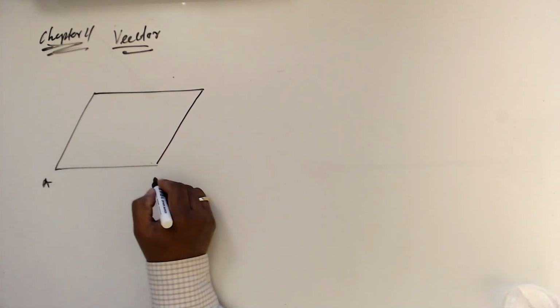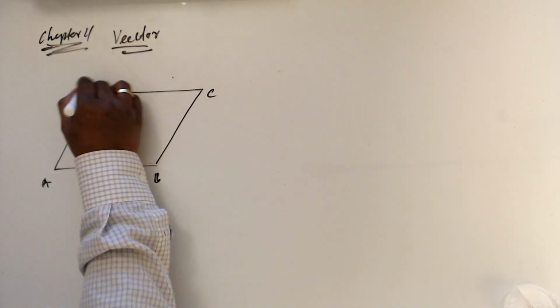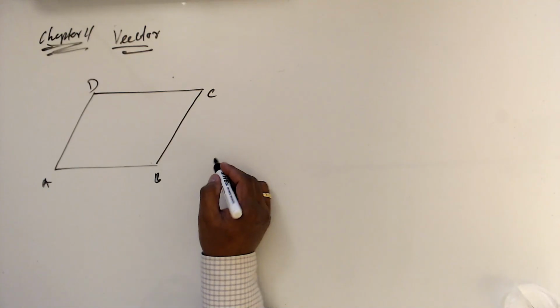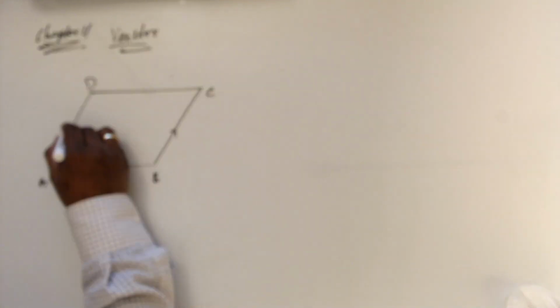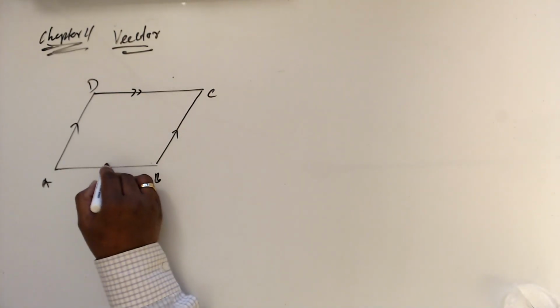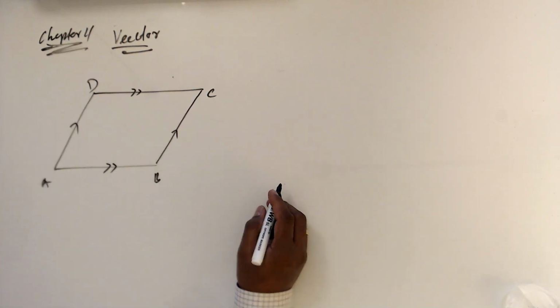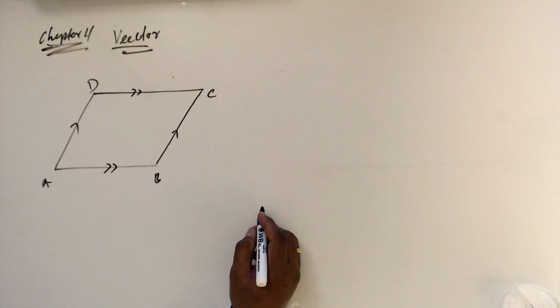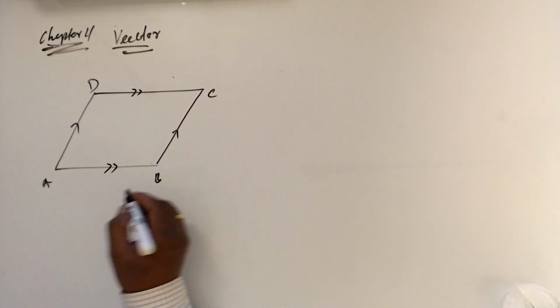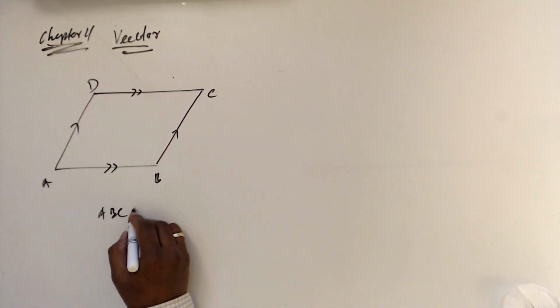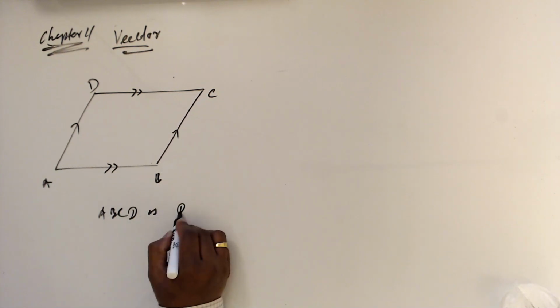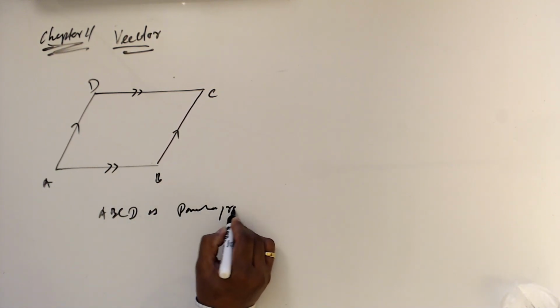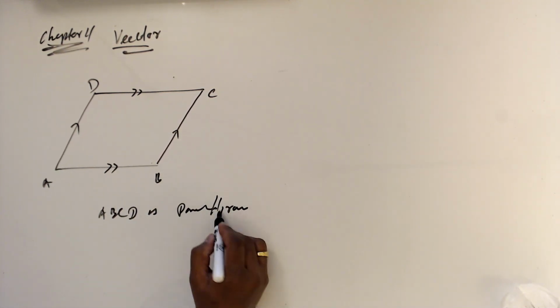This is A, B, C, D. Now, A, B, C, D is a parallelogram, right?